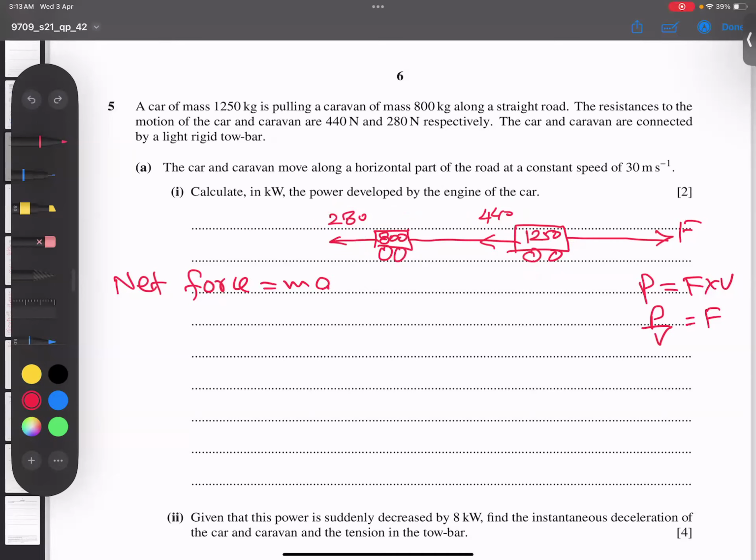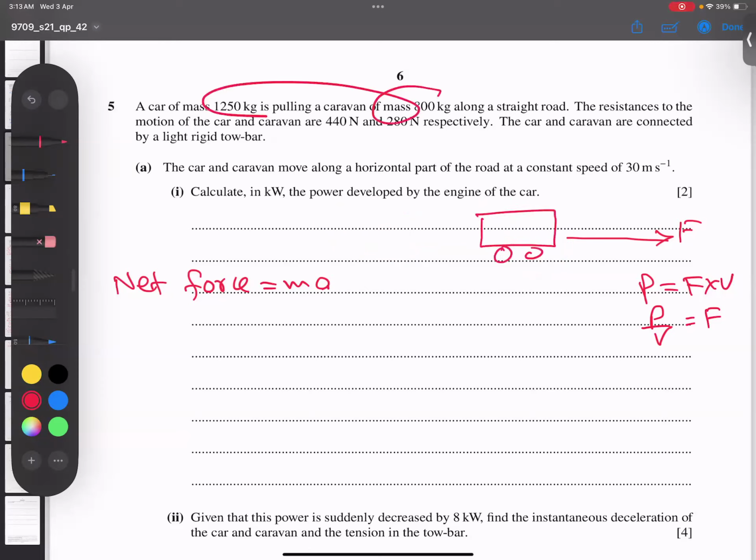If I make another diagram, I believe you will understand. There is a combined mass. If you add them both, it becomes 2050 kilograms, and friction acts backward. Adding 440 and 280, it becomes 720 newtons acting backwards.